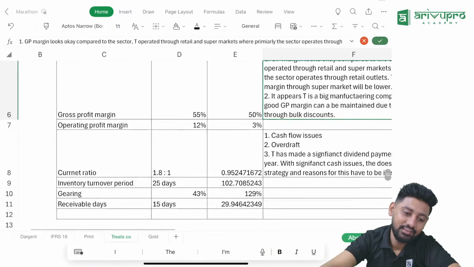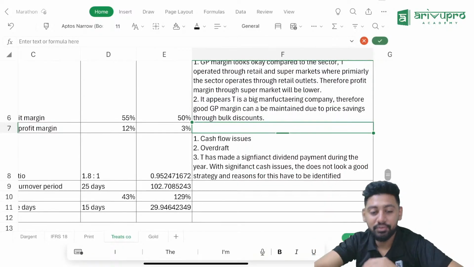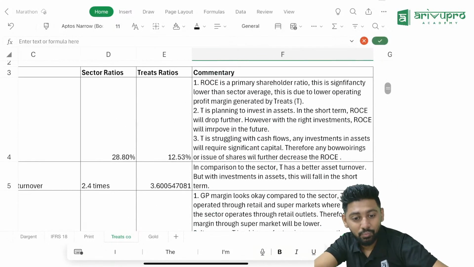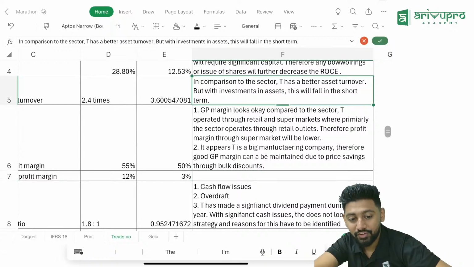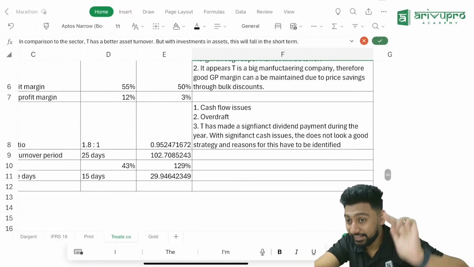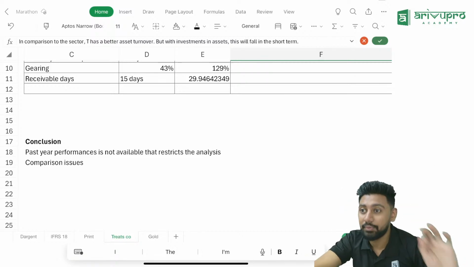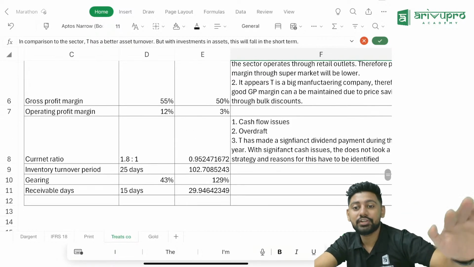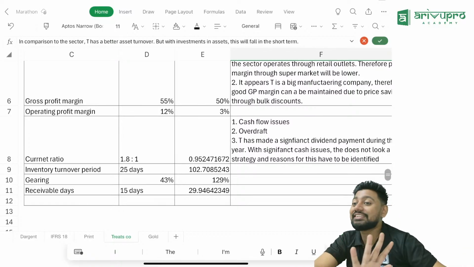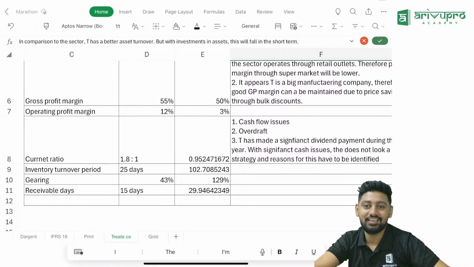Done. Going back to operating profit margin. Now in the exam, how many points? 1, 2, 3, 4, 5, 6, 7, 8, 9. 9 already got. My conclusion, I'm getting 2 marks if I properly give. 11 plus my ratio calculations 5. I've already got 16 in the exam.